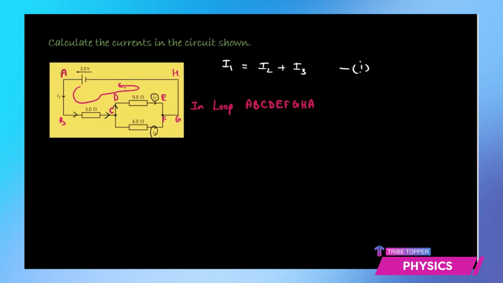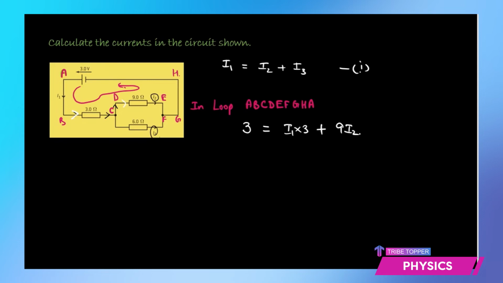In this loop, if we apply Kirchhoff's second law, the sum of EMFs is equal to the sum of products of the potential differences. There's just one cell, so the total EMF is 3 volts, and that is equal to the first potential drop across 3 ohms, which is I1R1, that is I1 into 3, plus the second one, which happens here, I2 into 9.